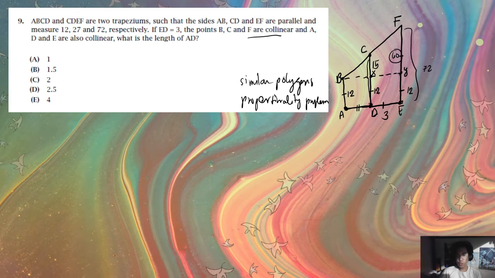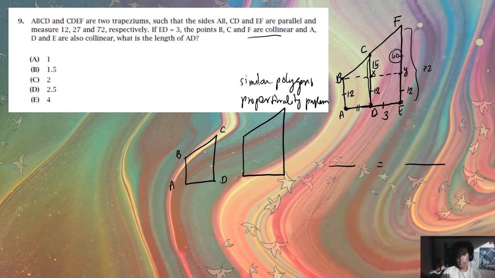So what proportion can we create in order to find the value of AD? Since we've already identified two trapezoids that are similar to each other, let's try to separate them. We have A, B, C, D, and then we have C, D, E, F. Let's try to write their side measurements.